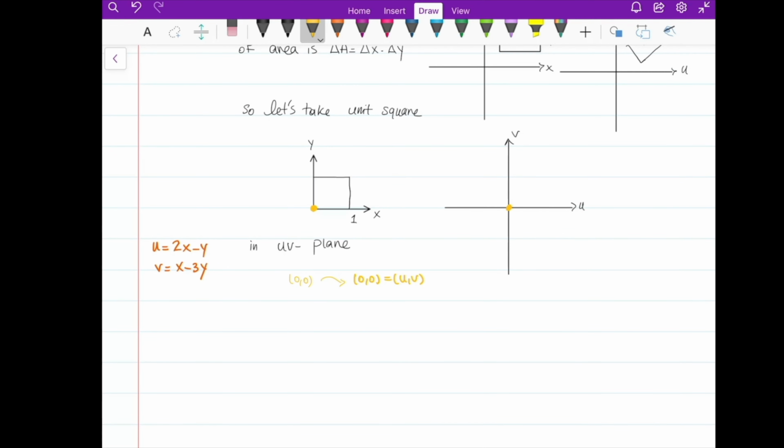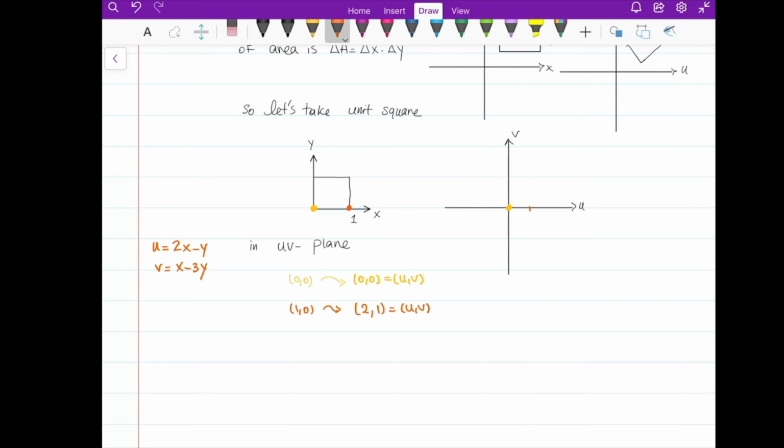What else? If I take this point in here, for example, the point 1, 0, then when x is 1, y is 0, u would be 2, and v would be 1. This is u, v.